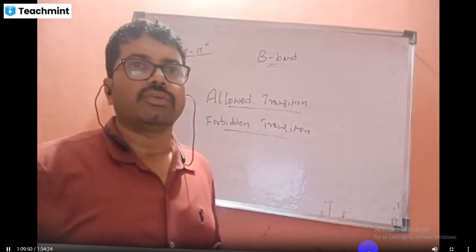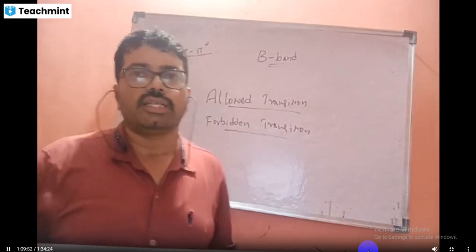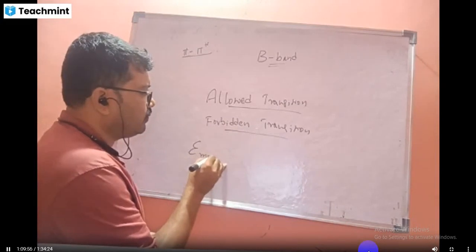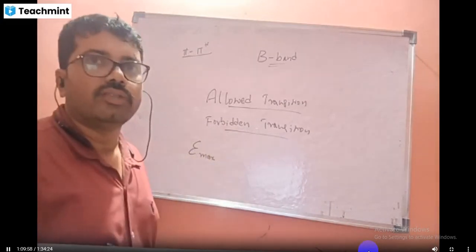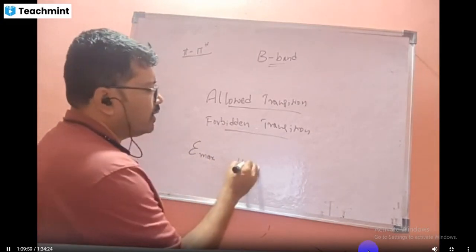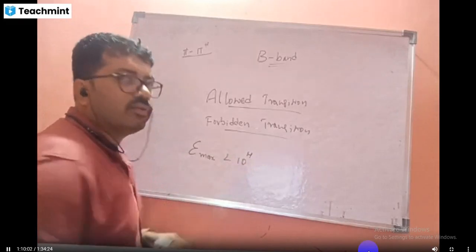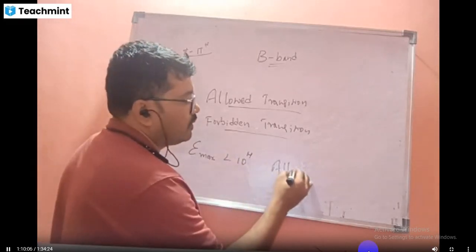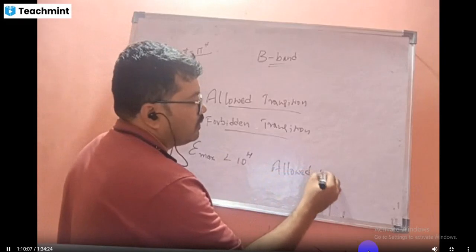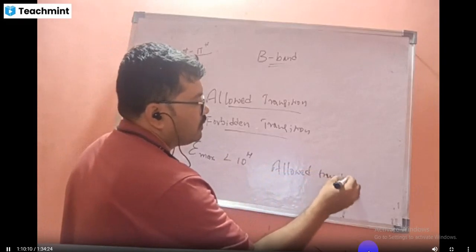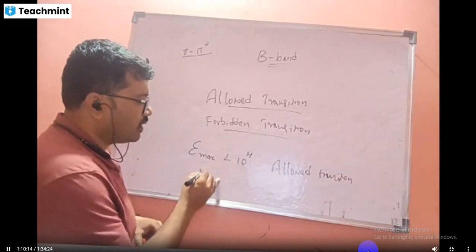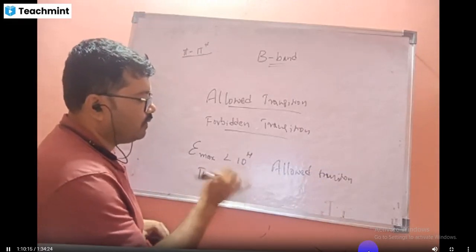A transition associated with extinction coefficient values more than 10 to the power of 4 is usually called an allowed transition. The transition generally allowed is pi to pi star.